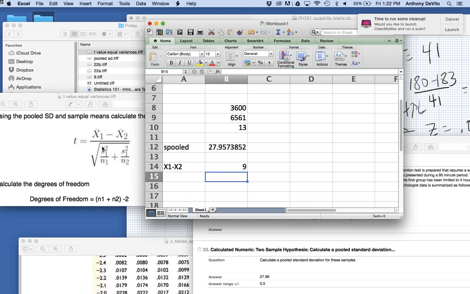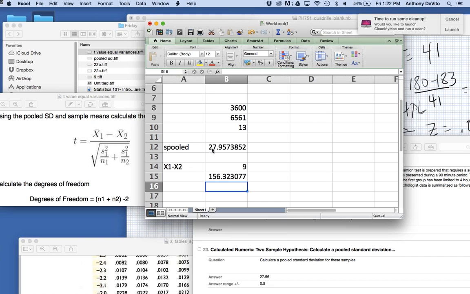So one part is the pooled standard deviation. Now the S1 is going to be our pooled standard deviation, is going to be equal to this times itself divided by the sample size for the first group, which was 5.